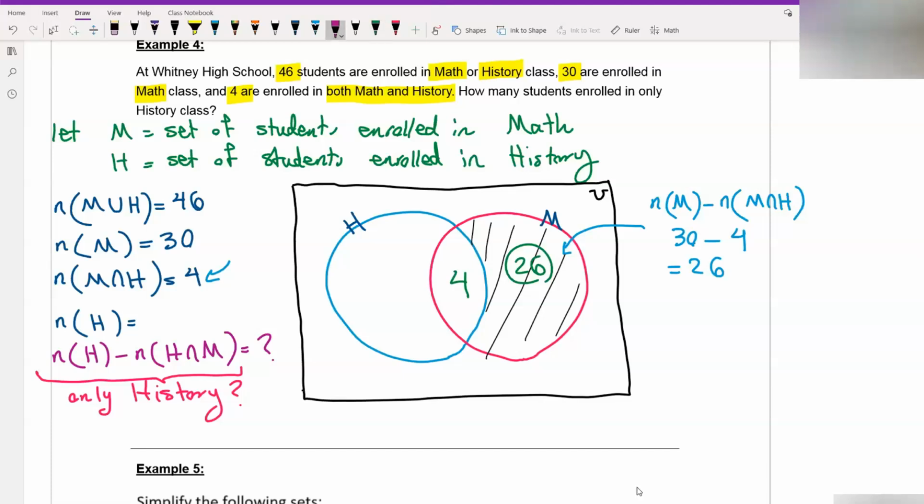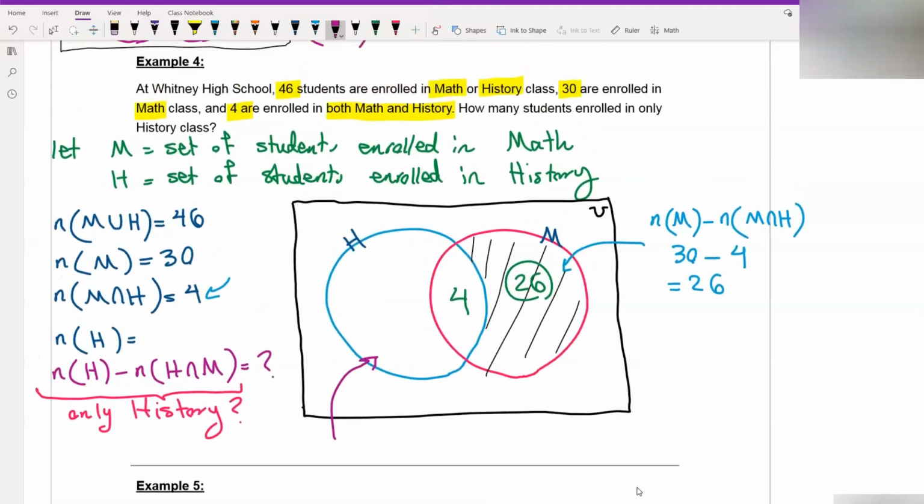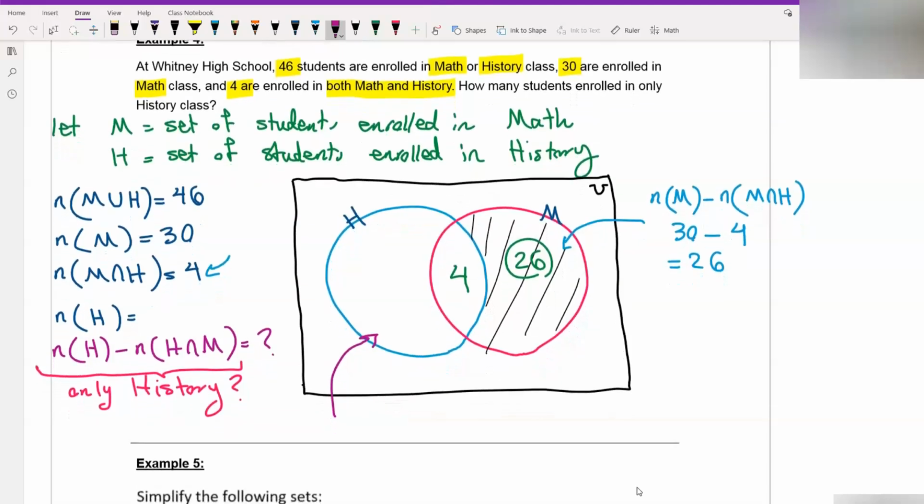Now do the same thing to find the answer for that part. How can we find that one? It says that we have 46 students total. So only history plus what they have in M, that is equal to 46. Only H plus for M we had 30 students.